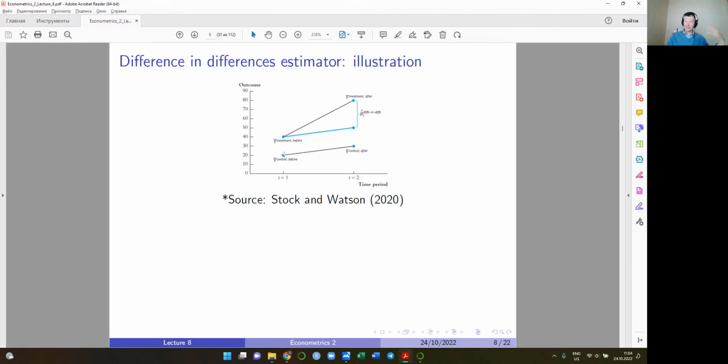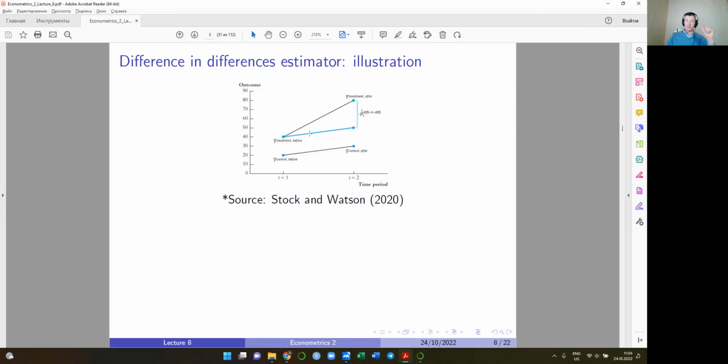You see that since this is a control group, it is not affected by the treatment, and there is some change has occurred from 20 to, let's say, 30. We also look at the treatment group, and the outcome for the treatment group has changed from 40 to 80.